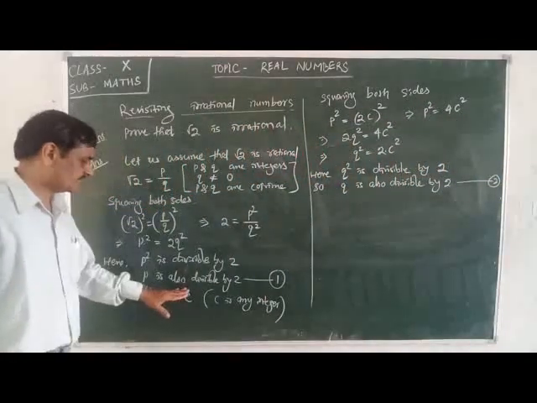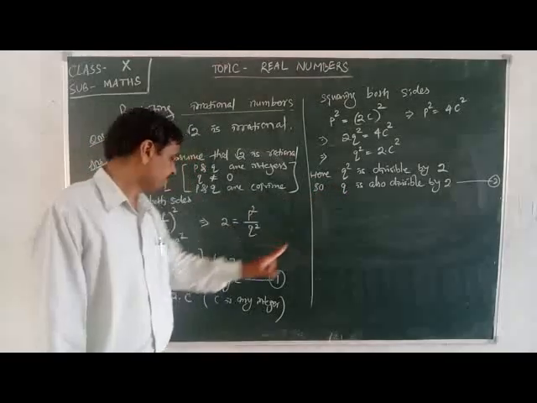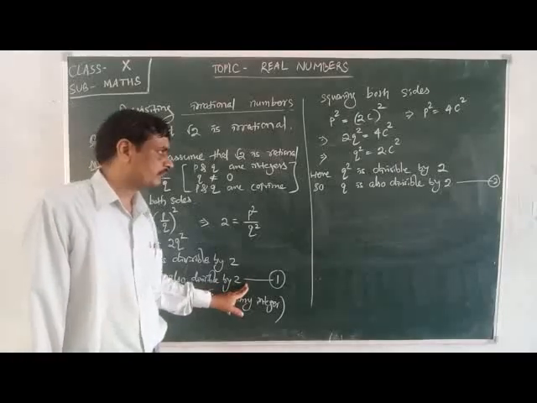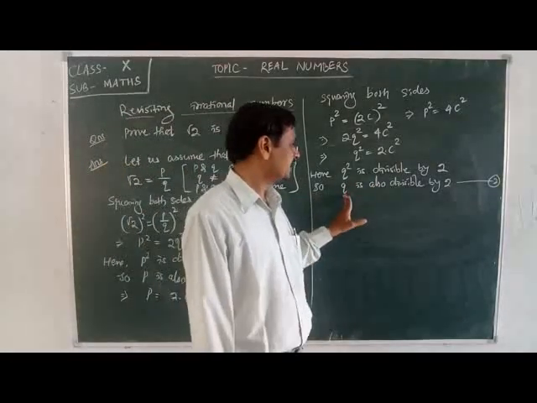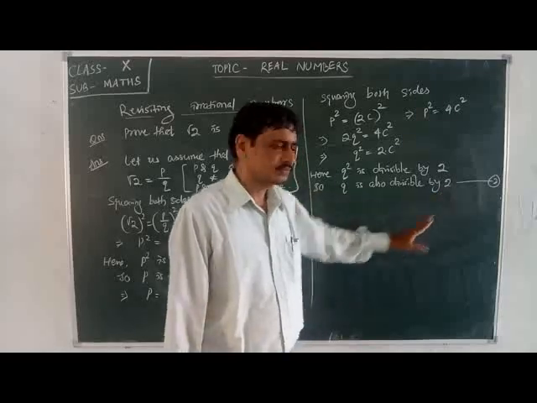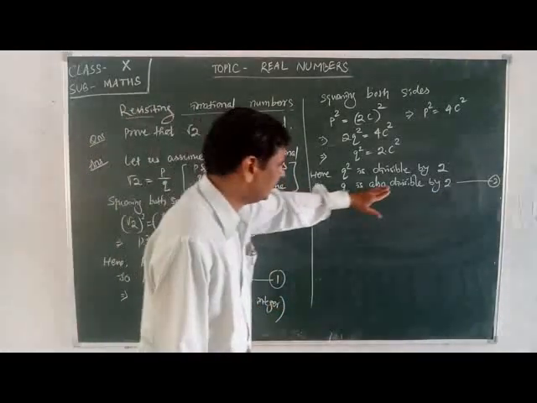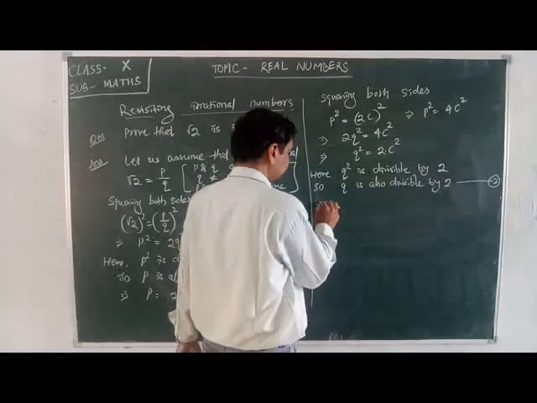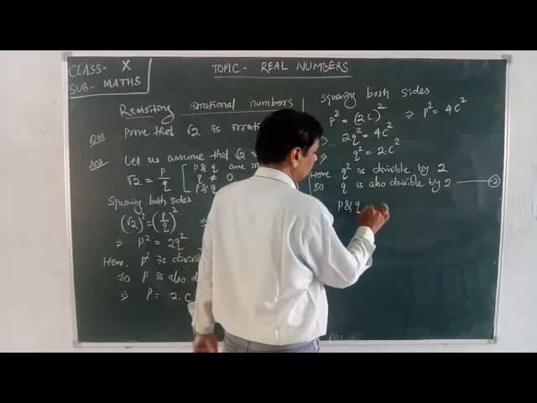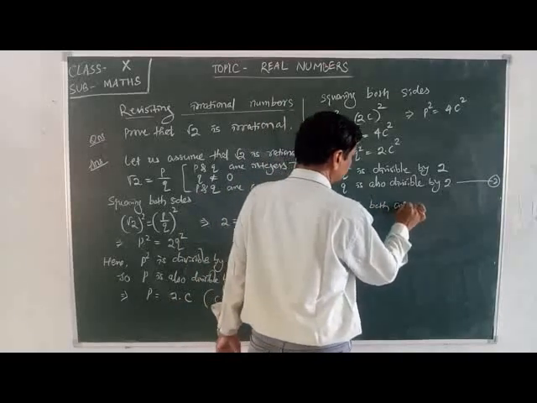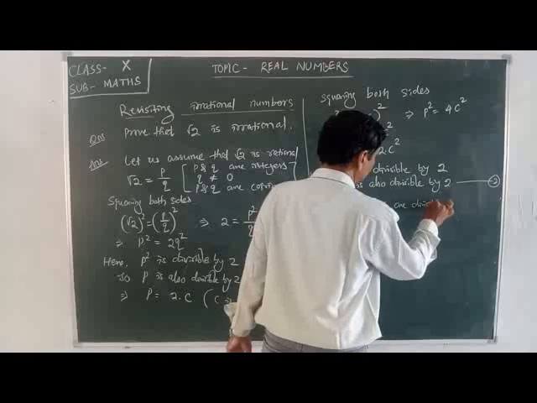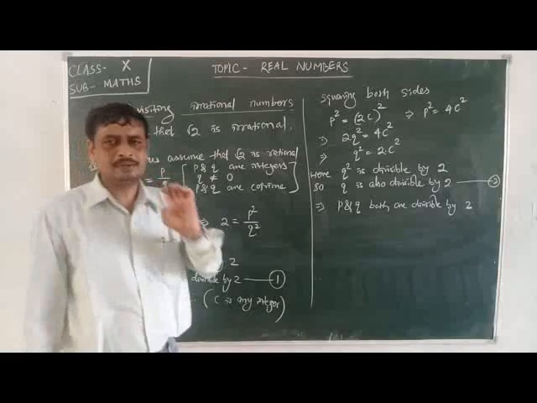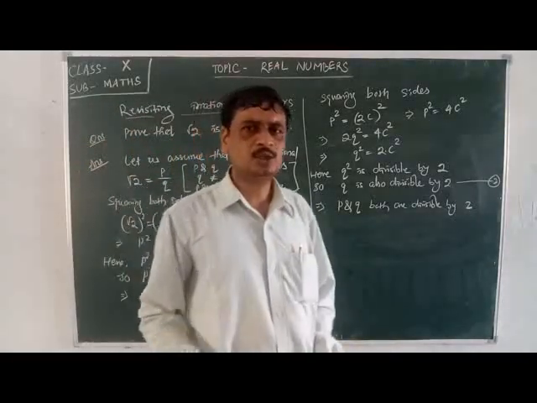Now compare equation 1 and equation 2. Here, equation 1 gives p is divisible by 2 and equation 2 gives q is divisible by 2, so both p and q are divisible by 2. So they have common factors 1 as well as 2.